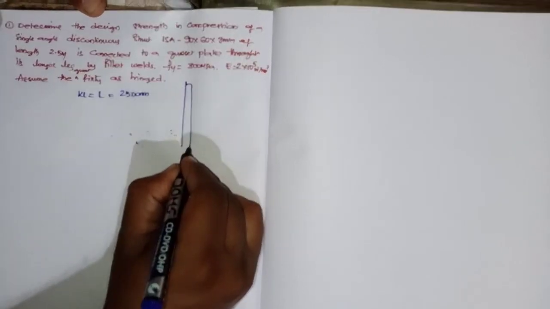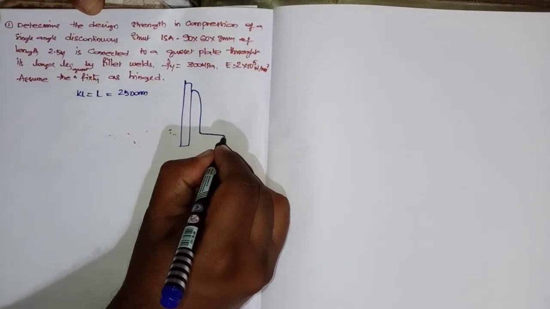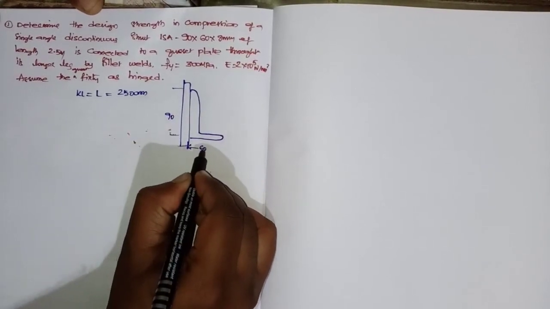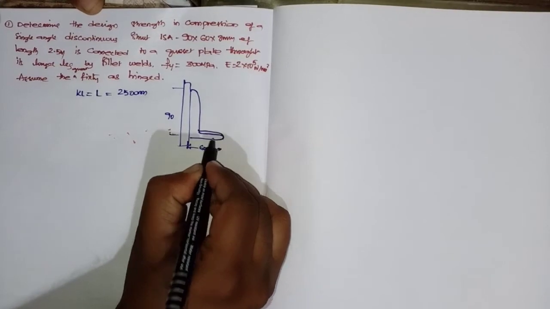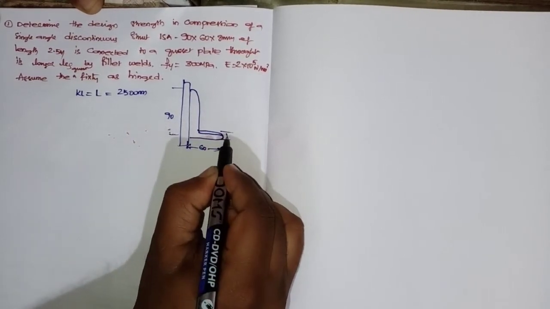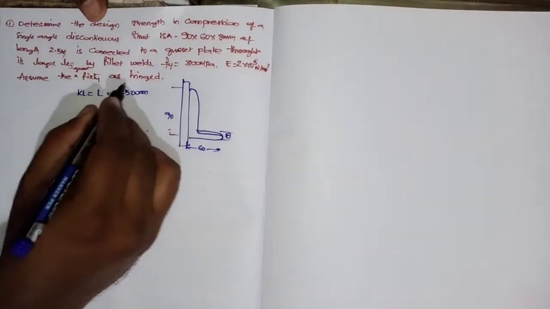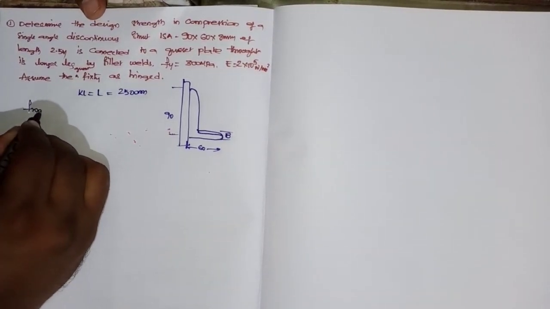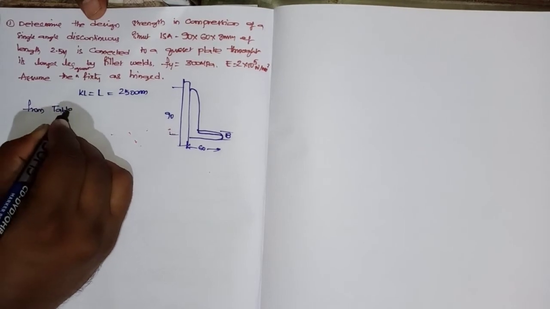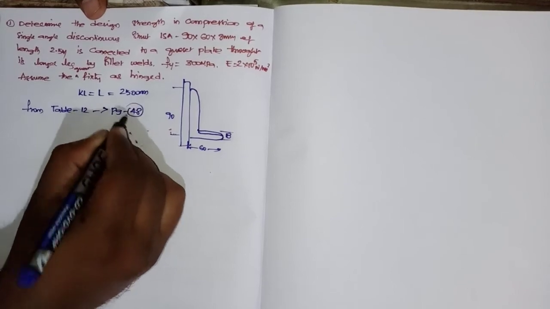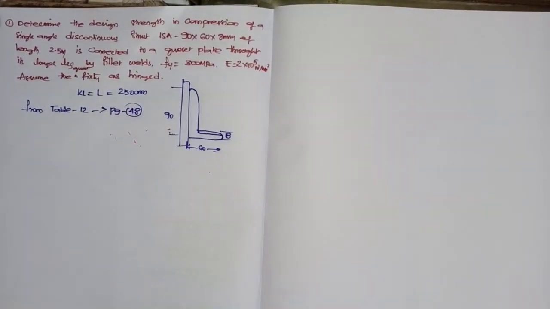Gusset plate, longer leg connected, this is 90 and this is 60, 8 mm. Now what is the fixity condition? Hinged. So from table 12, page 48, fixity condition.